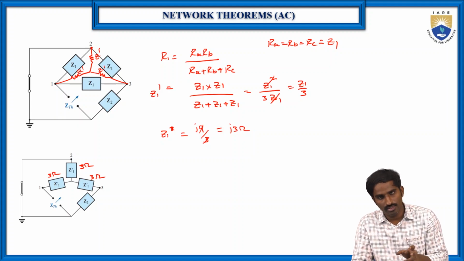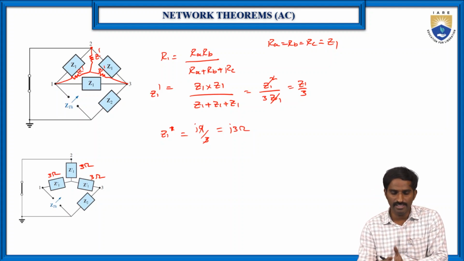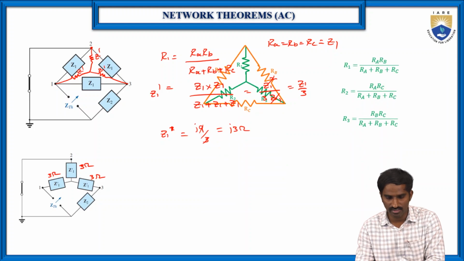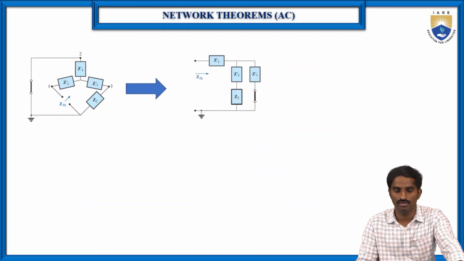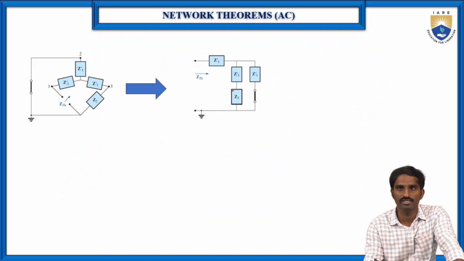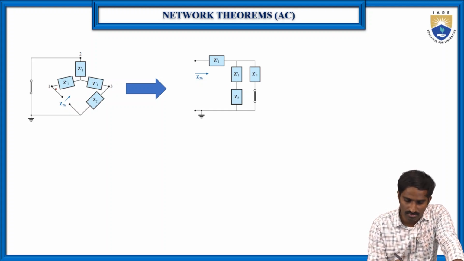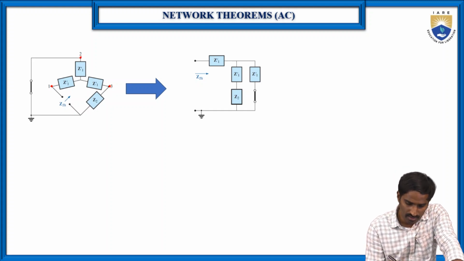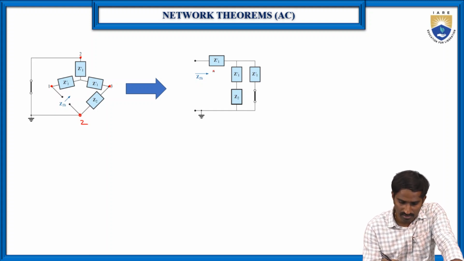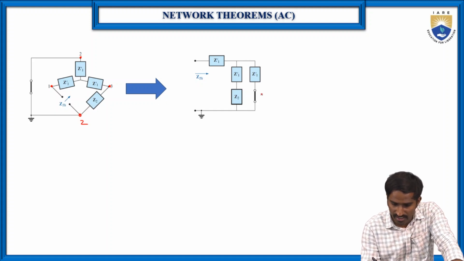So now let me redraw this circuit so we can understand it very clearly. I am converting this circuit into one like this, because both the circuits are the same, as you can see here. So what are the 3 points? 1, 2 and 3, right? Here this is 2 and this is also the point 2, right? Then here Z1 dash, and where is Z2?